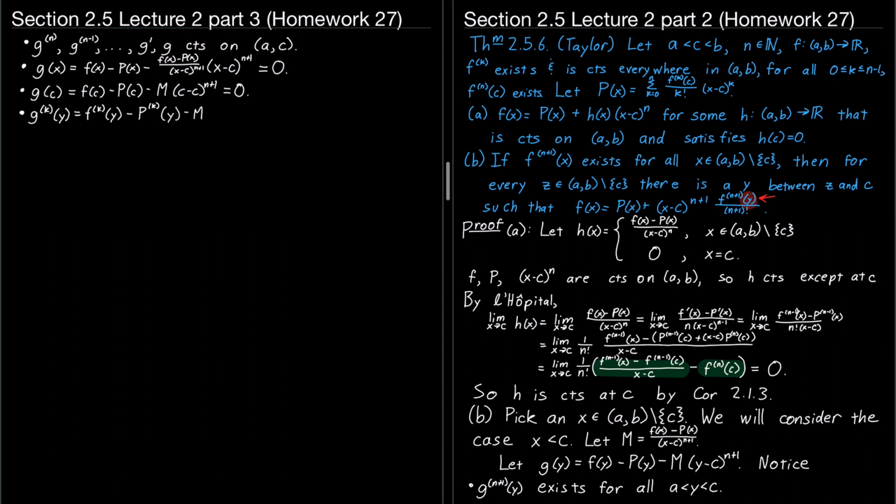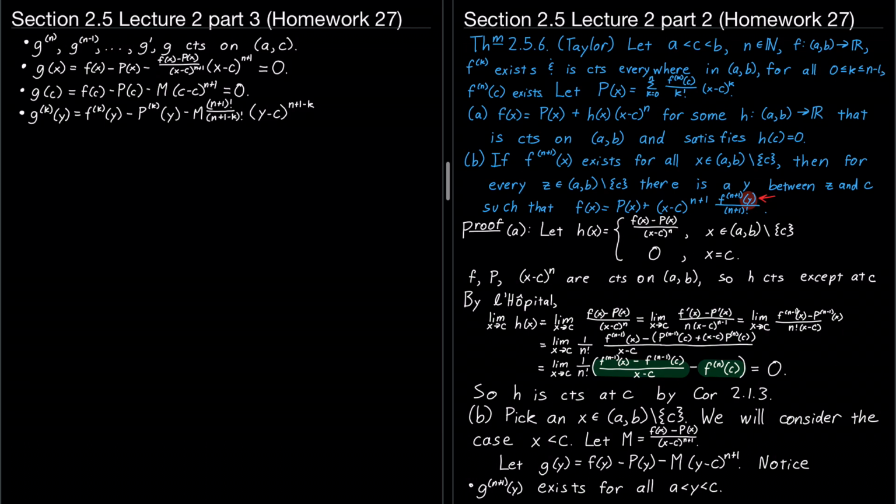And then when you differentiate a y minus c to the n plus 1, we're going to get n plus 1 factorial over n plus 1 minus k factorial times y minus c to the n plus 1 minus k.